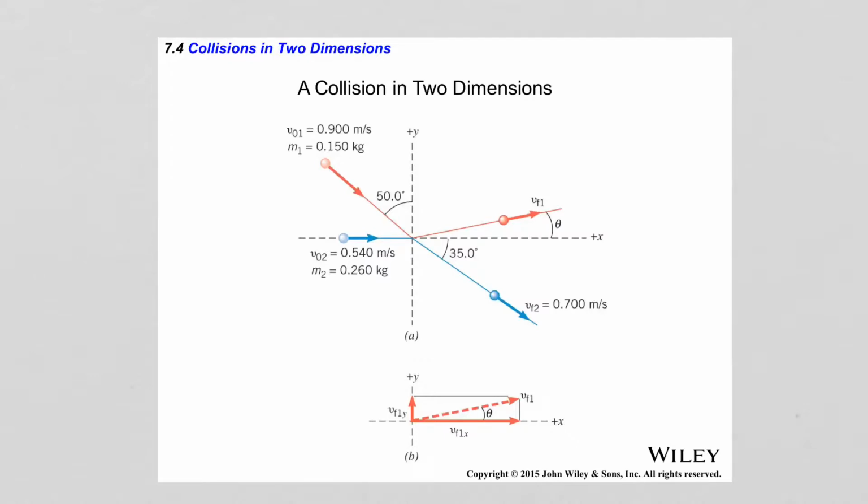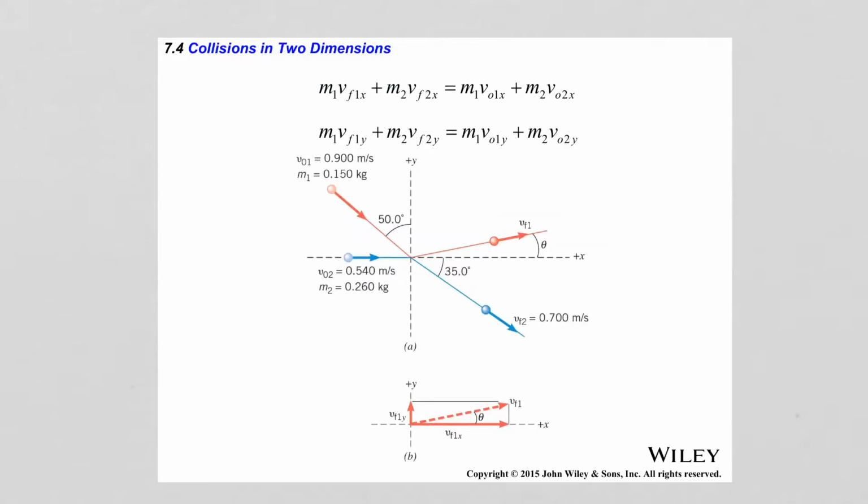Since this is a two-dimensional problem, that requires that each velocity is presented as the sum of its components. So, for example, the final velocity of the first sphere components are shown in this small drawing here. That means that the conservation of momentum equation will be written for the x coordinate direction and then also for the y coordinate direction.